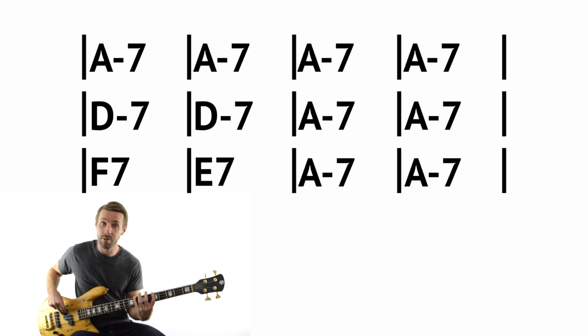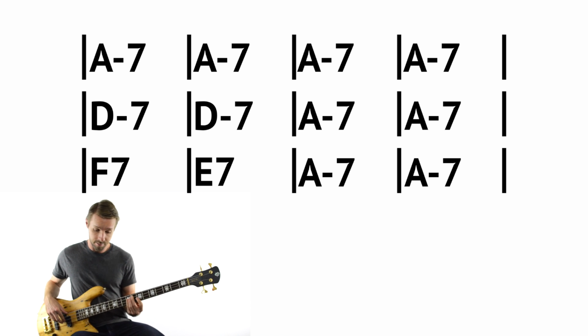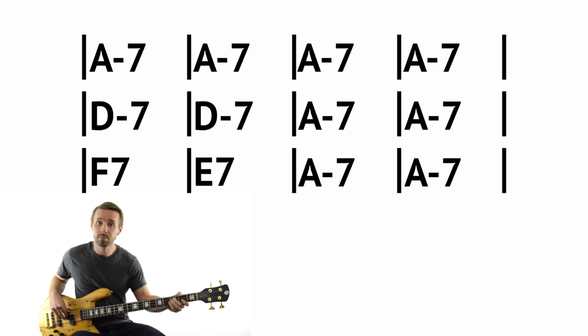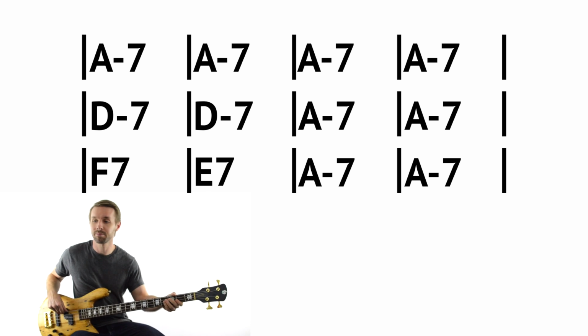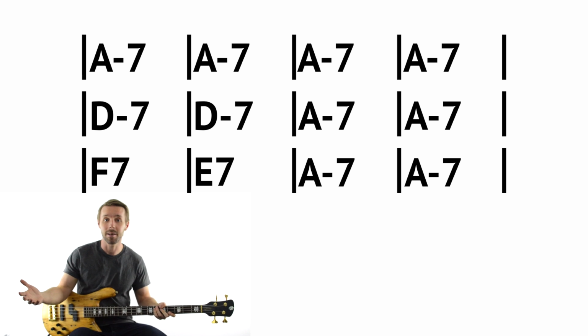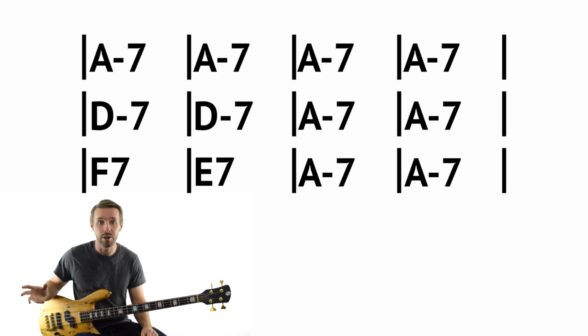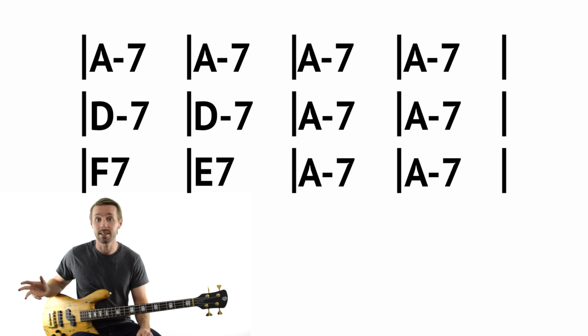Now instead of going to the 5, we're going to go to the flat 6. Check it out. Down to the 5 here. Something just like that. Now listen to B.B. King's The Thrill Is Gone for a really good example of a minor blues with this flat 6 turnaround.